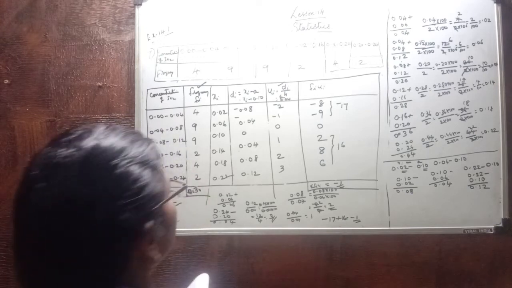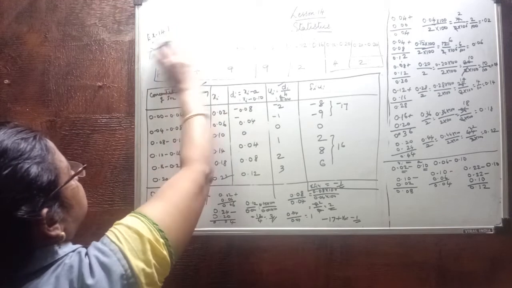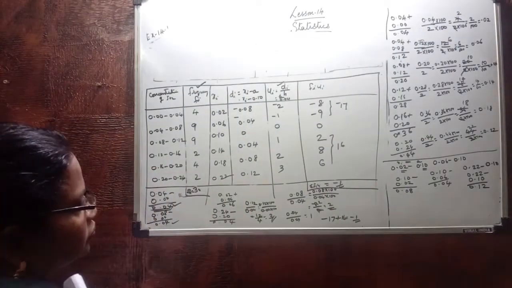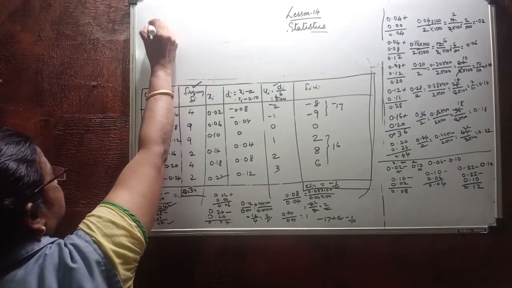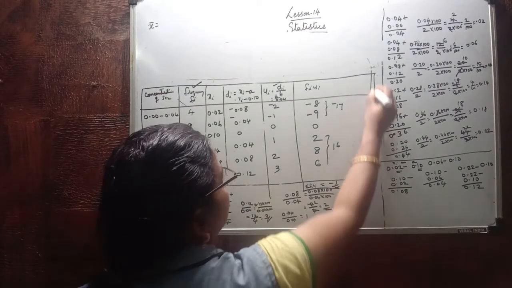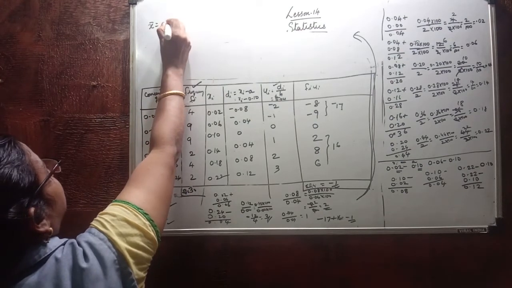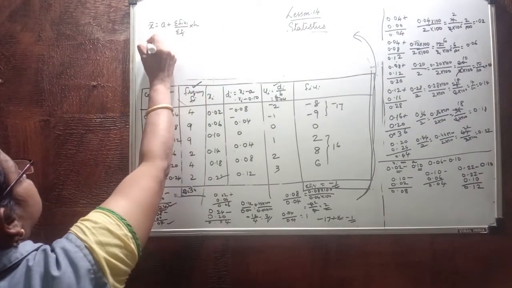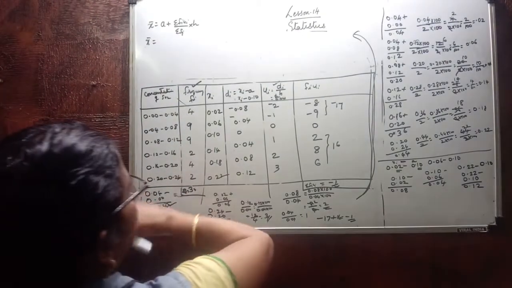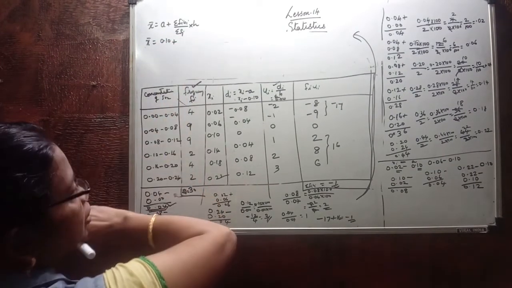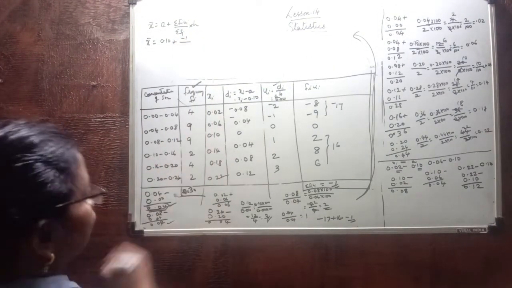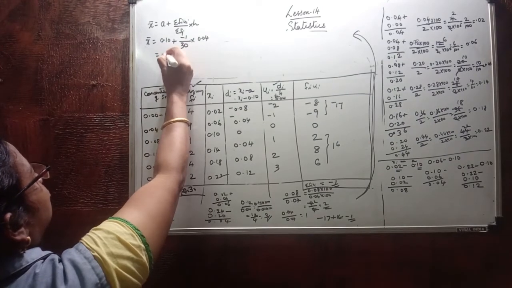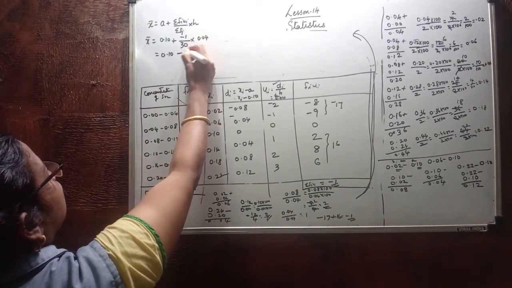So then x bar equals A plus sigma f i y divided by sigma f i into h. x bar equals A, which is 0.10, plus sigma f i y is negative 1 divided by sigma f i is 30, into 0.04.